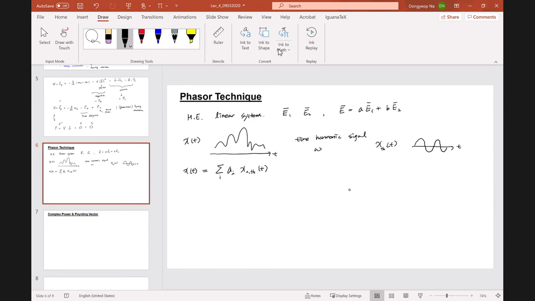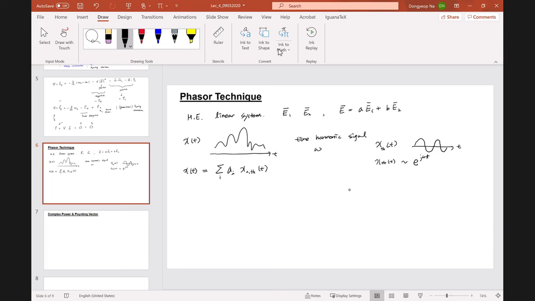This is because we usually assume the system is linear time invariant. So why are we doing this job? I mean, decompose the signal in terms of time harmonic signals, only analyze time harmonic signals, and eventually we assemble all the time harmonic signals. This is because the time harmonic signal is proportional to exponential j omega t.